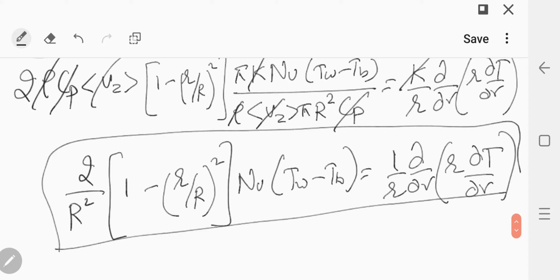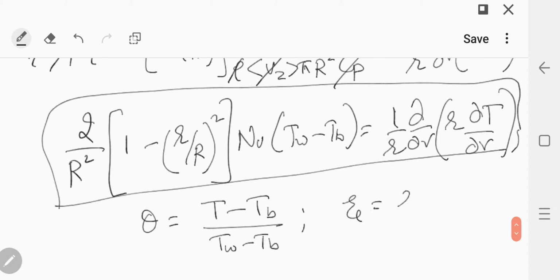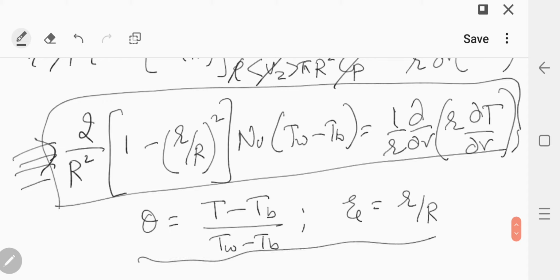Now, in order to solve this, in order to calculate the value of Nusselt number, what we're going to do is introduce dimensionless variables: theta, which is nothing but the ratio of T minus Tb by Tw minus Tb, and zeta equal to small r by capital R. We're going to convert this main equation in terms of the dimensionless variables theta and zeta.